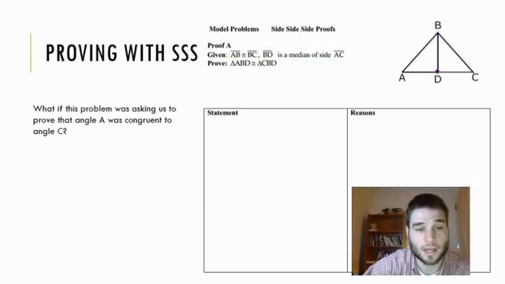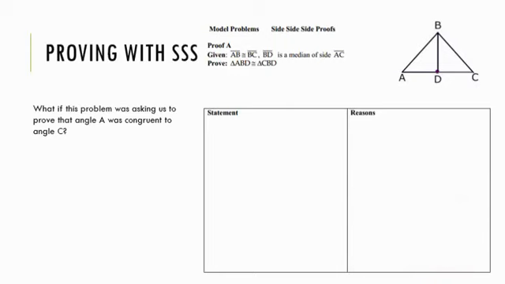And now one last thing. Before we finish, I said I was going to use CPCTC, which stands for corresponding parts of congruent triangles are congruent. So how would I use that in a proof? That's what we want to see, right?